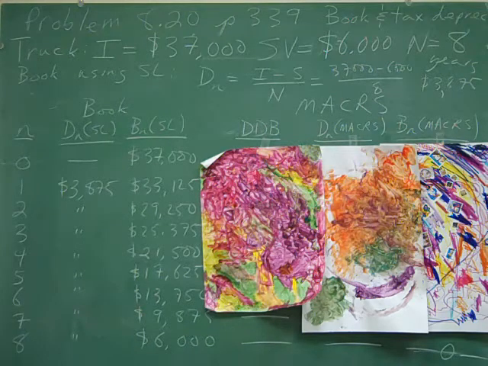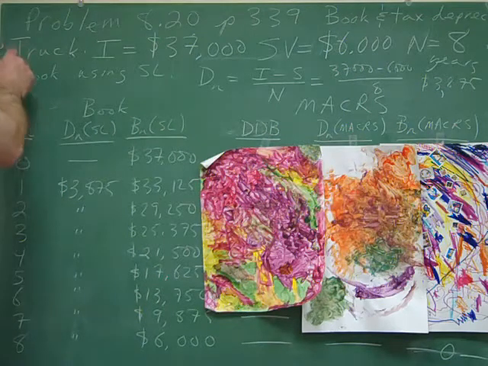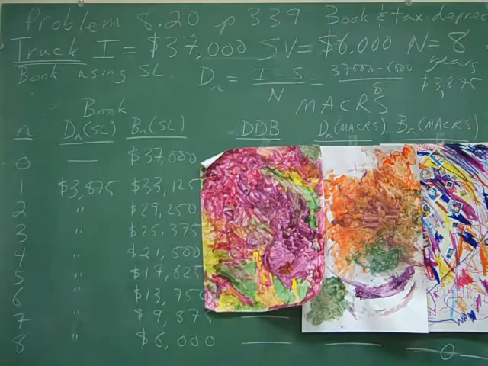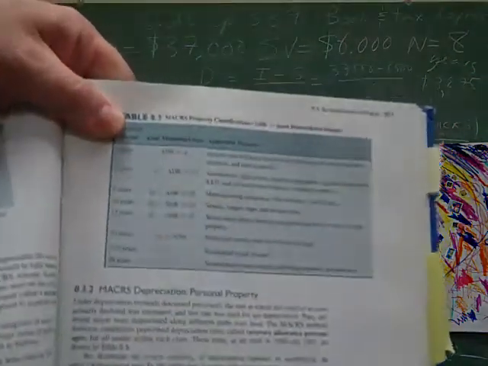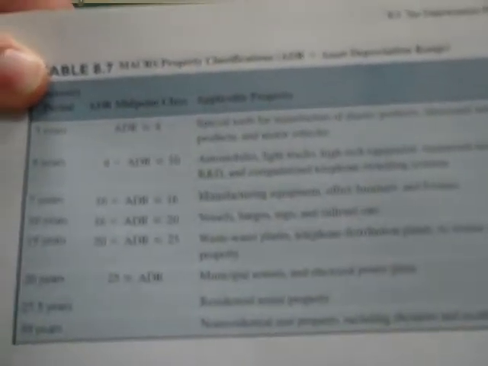Now when we do the tax depreciation, we have to look at what asset it is, and then we have to go and look up what pigeonhole this asset falls under. So if you go into chapter 7 and look at table 8.7, and we'll put this up here again and hopefully it'll be halfway decent. If not, look at it in the book.